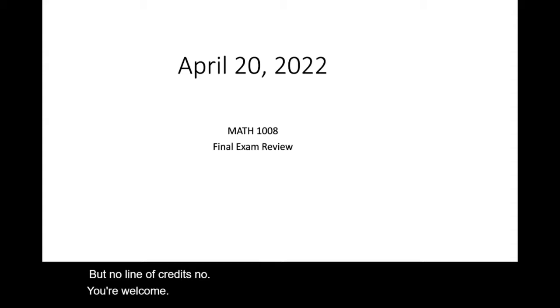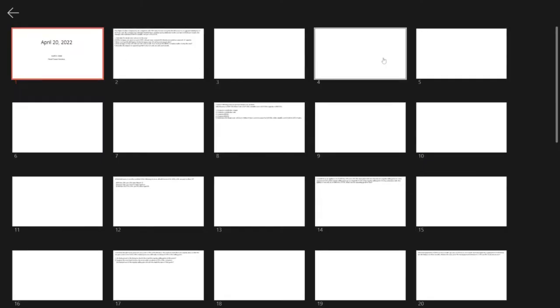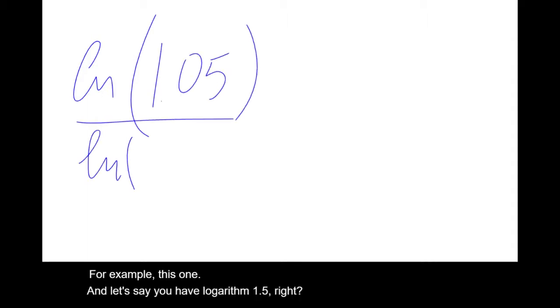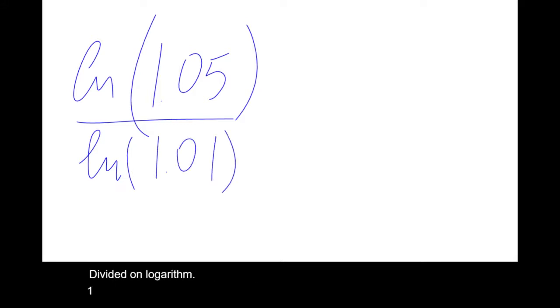Okay, how do we calculate logarithm? Let me find an empty page. For example, let's say you have logarithm 1.05 divided by logarithm 1.01. Is this example good for you?